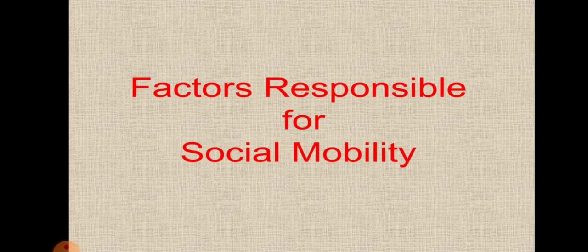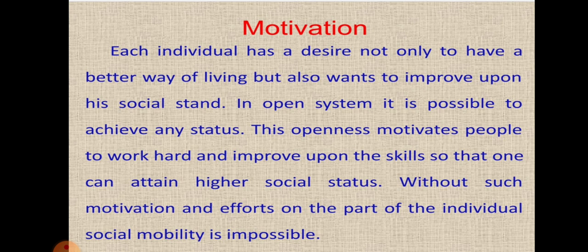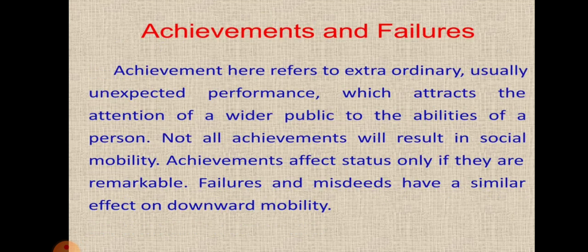Then factors responsible. Motivation: we know that in downward mobility they will enter into deep stress, and through motivation we will help them come back. So motivation is very essential in everyone's life, to cheer themselves up. Then achievement or failure.